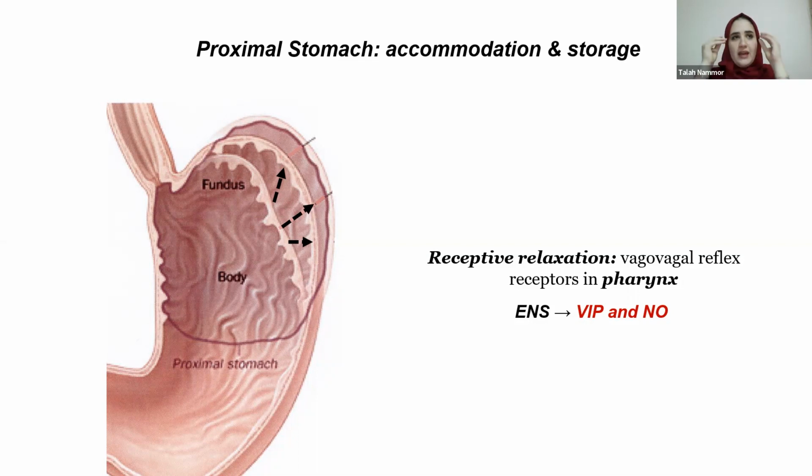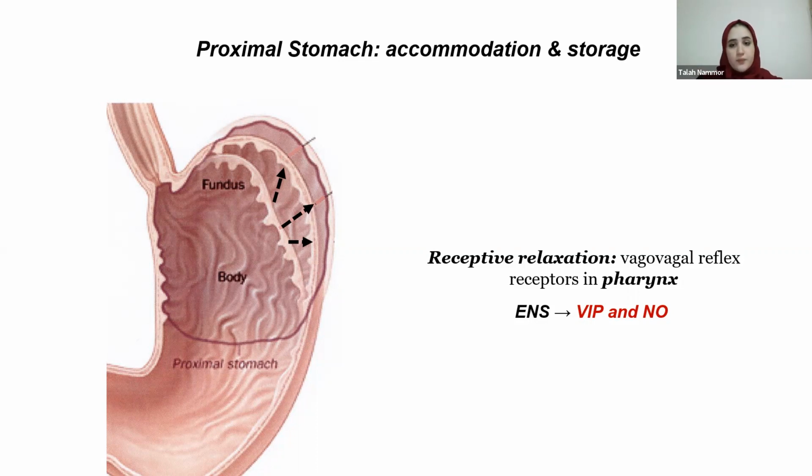So basically, the vagus nerve will send acetylcholine to the inhibitory neuron. The inhibitory neuron will release, I think I covered it yesterday, nitric oxide and VIP. Nitric oxide and VIP are two important mediators to bring about relaxation. Okay?